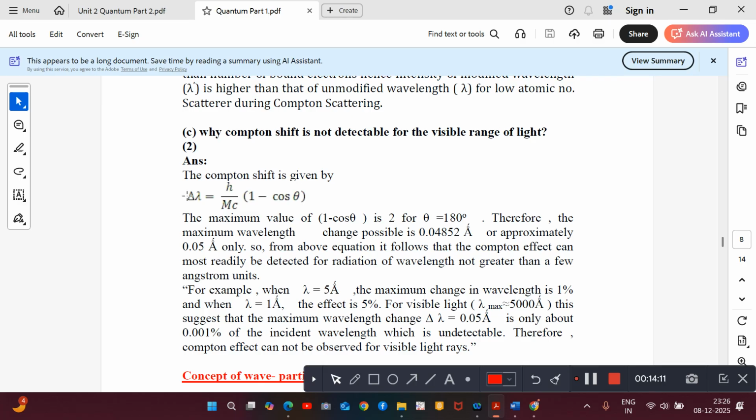For visible light, delta lambda is negligible, and hence it is not observed in the case of visible sources of light. So this is all about the Compton effect.